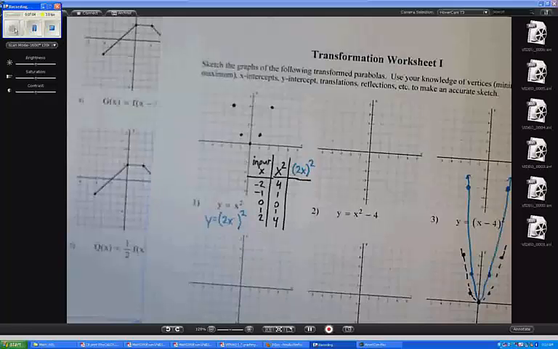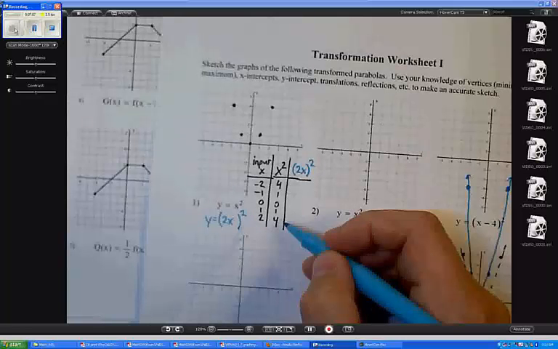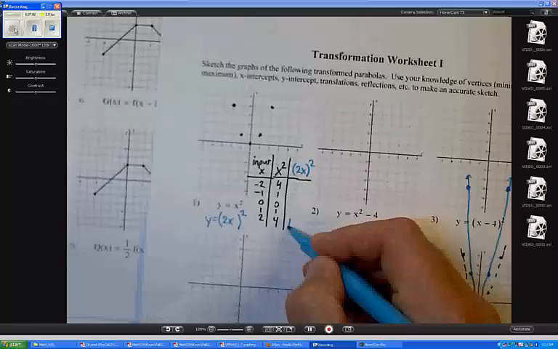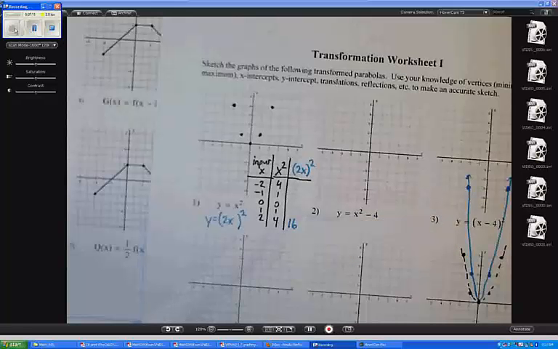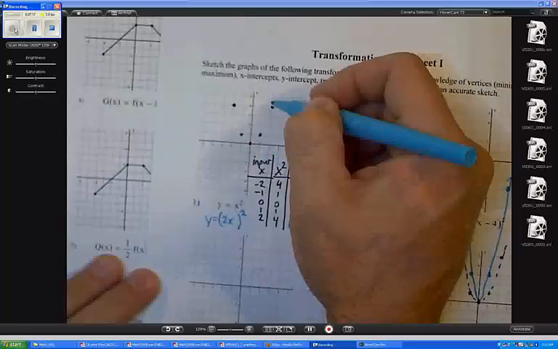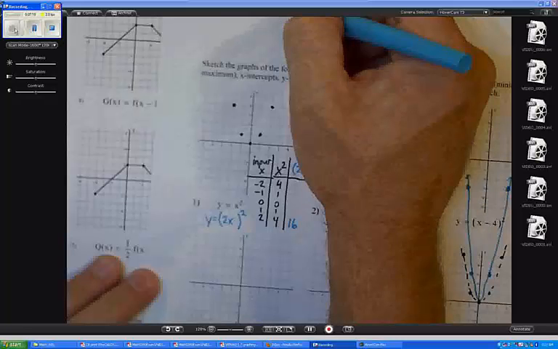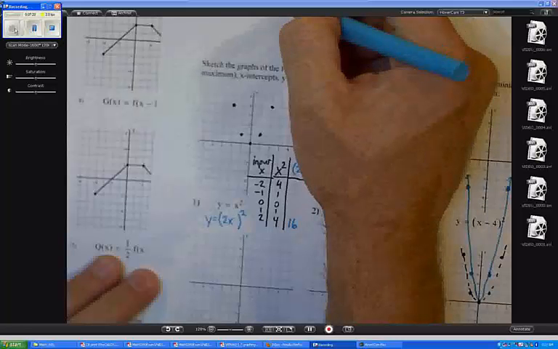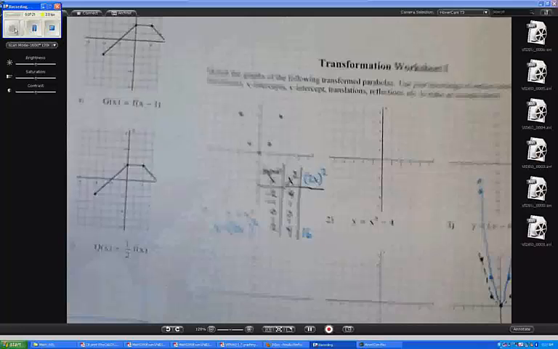Yeah, 2 times 2 is 4, squared is 16. Well, that's kind of weird. At 2, my output is 4, 8, 12, 16. Way off the map. Maybe it's up there.